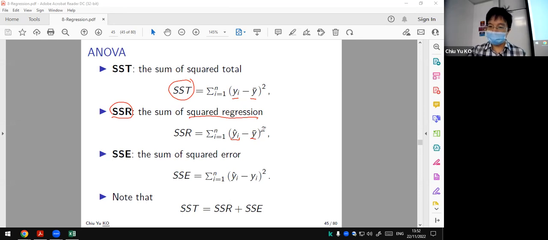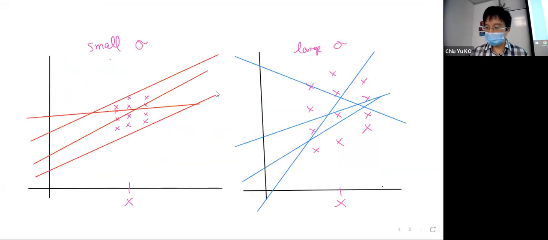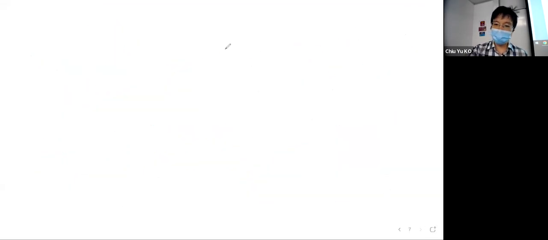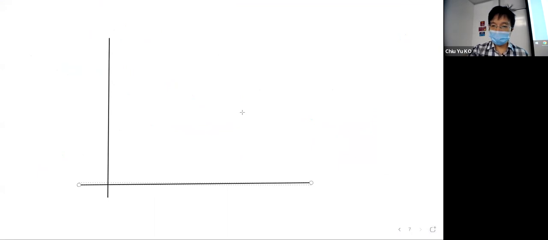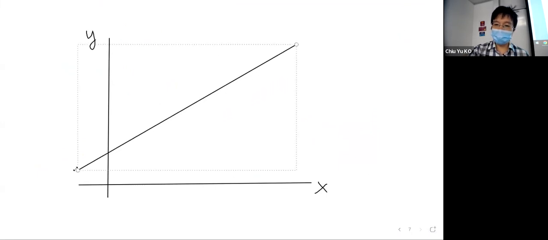I think the graph in the next slide would have it, but it's also good to draw it together with you so you see how this comes about. So let me quickly draw the line. Here we have X and Y, and we have a line here, and we have a bunch of data.